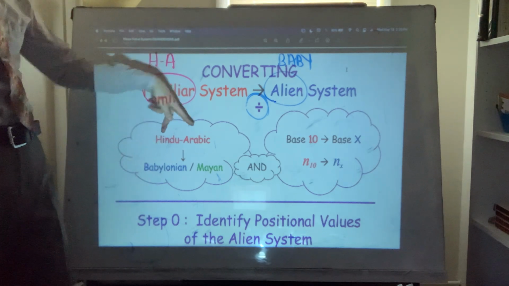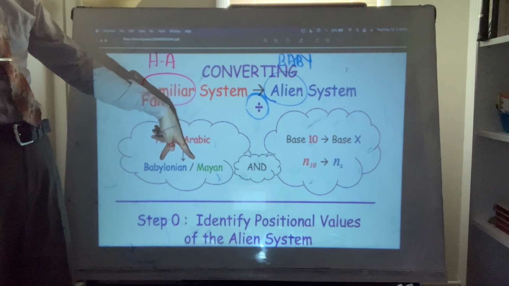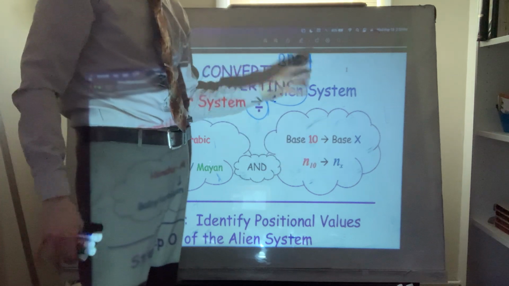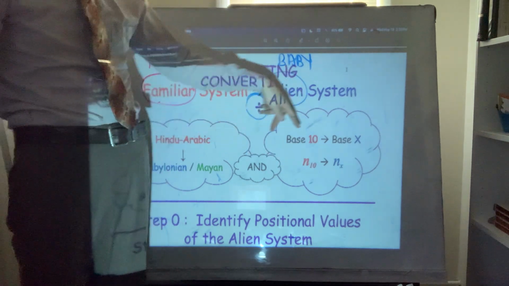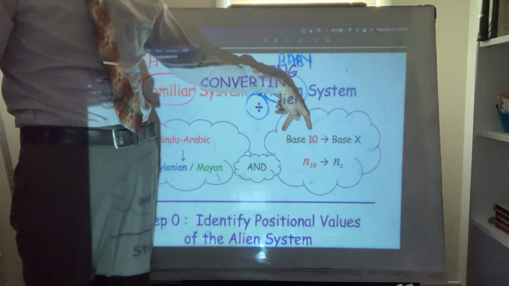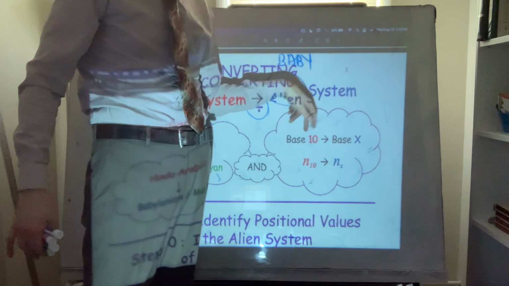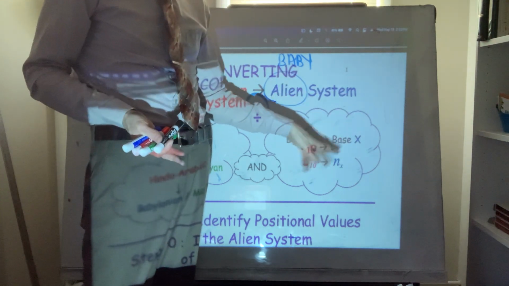We're going to start with the usual ordinary number, and we're going to convert it to the alien hieroglyphics. When we get to section 4.3, we're going to be referring to Hindu-Arabic by its base. We're just not going to use this phrase anymore. We'll call it base 10, because that's what it is. And then we'll convert it to base X, whatever is unusual.